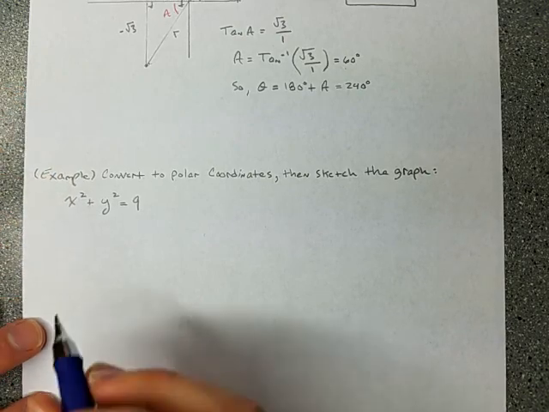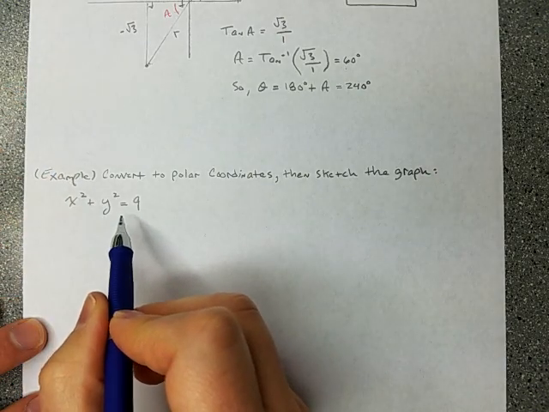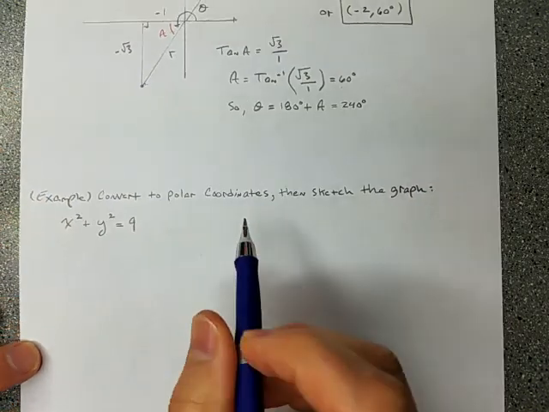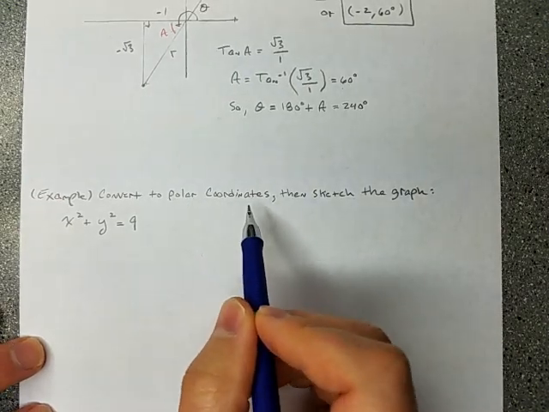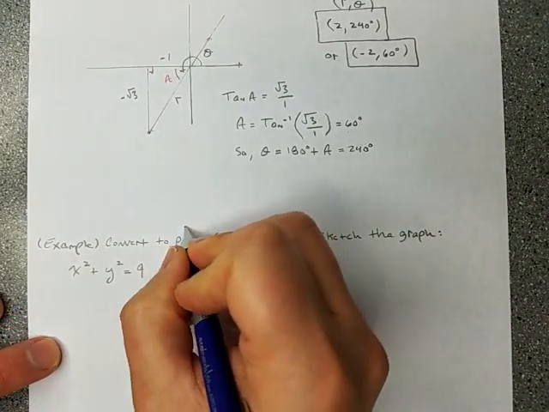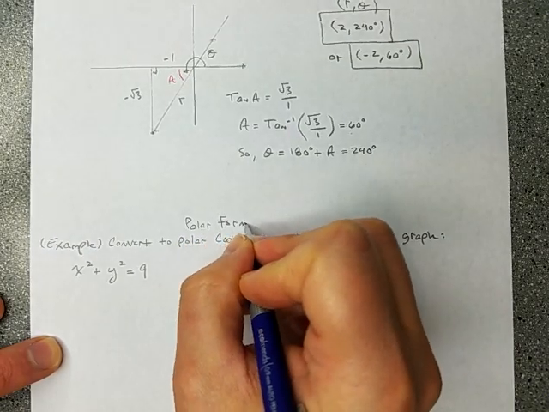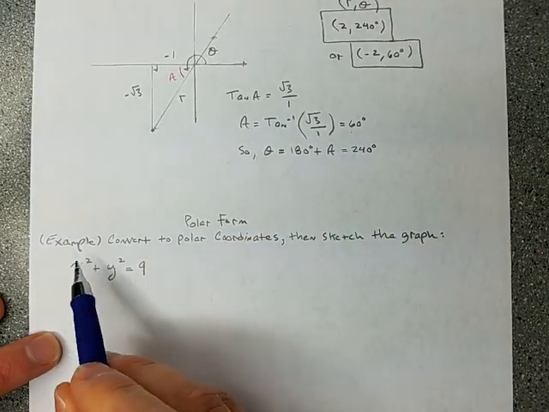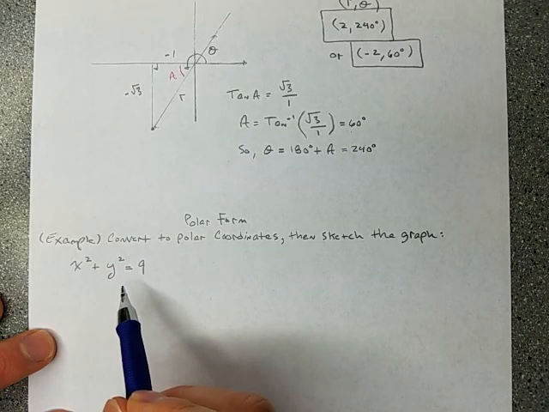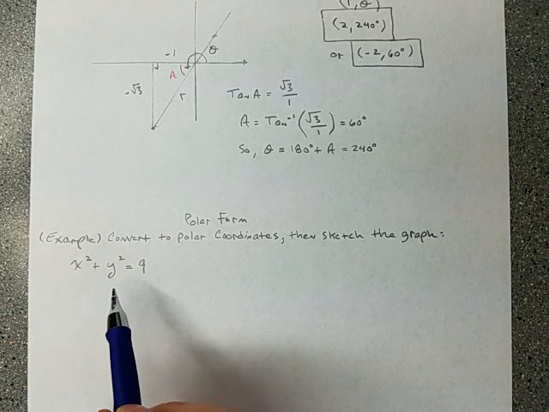Here I have an equation, and I want to convert this to polar coordinates. That was a little bit sloppy for me to write it that way. I really should say convert it to polar form, because this is not one single point. It's an equation, it's a graph, it's a bunch of points.